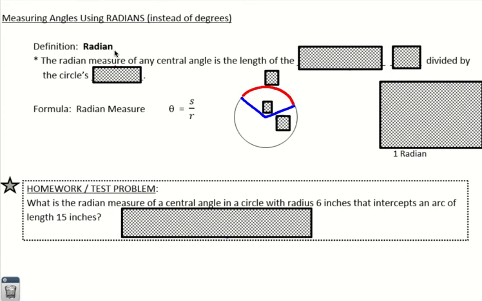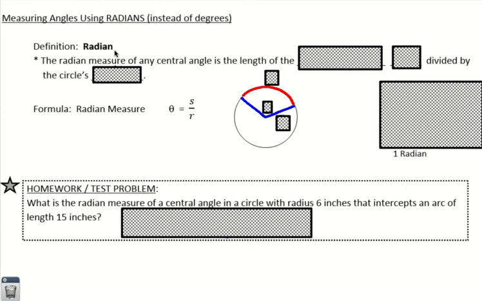All right, so for long enough in your math life, I think you've been comfortable with degrees. Like you can visualize what a 90-degree angle looks like, or a 45-degree angle. There's 360 degrees all the way around a circle, right?